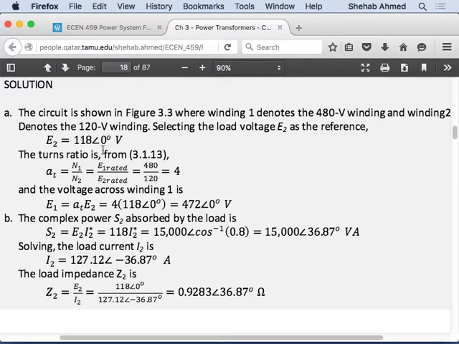So when we say 118 has an angle of 0, it does not really matter; you can take this as a reference. Our objective is to calculate the current and the impedance across this voltage. The current and the impedance don't care what the voltage angle is at that point. You have a voltage and an impedance, so you can calculate the current.